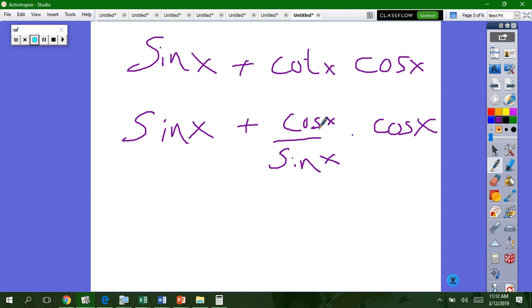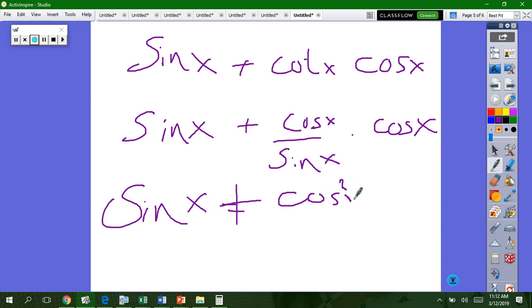Guys, what do you see when you see a number that's a fraction times a number? What do you guys normally do to that? If you see a fraction times a number, still multiplying, but we multiply straight across, correct? So what do we get there? Now I have a number plus a fraction.